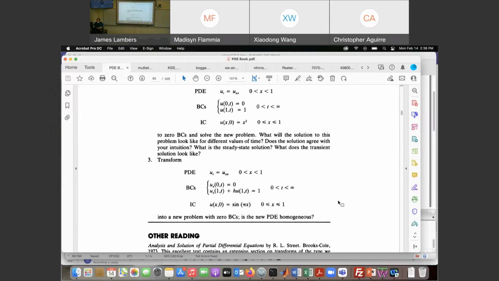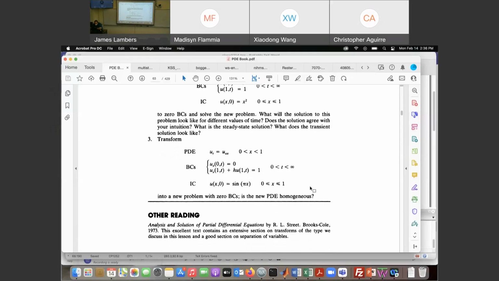Okay, so we look at the boundary conditions for this problem. We have u dx at x equals 0 must be equal to 0. And then we have this condition using both u and u dx. Now, you don't have to solve this problem, but rather transform it into one that has homogeneous boundary conditions.